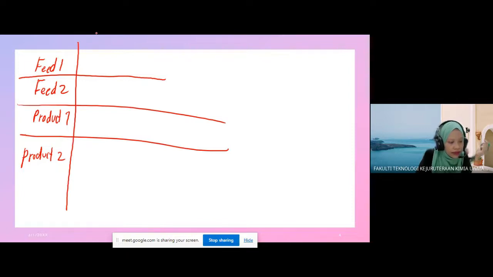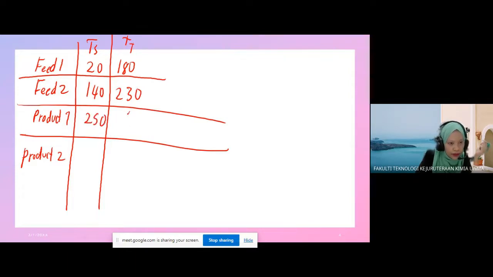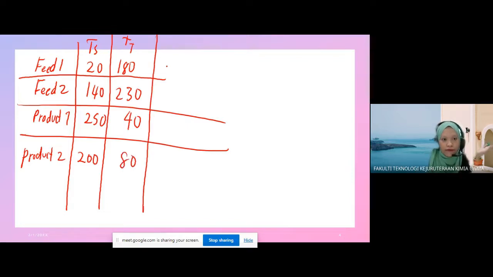And then the TS is 20, TT is 180, and then 140, 230, 250, 40, 280.